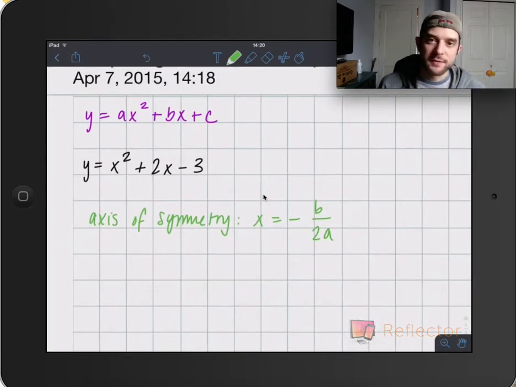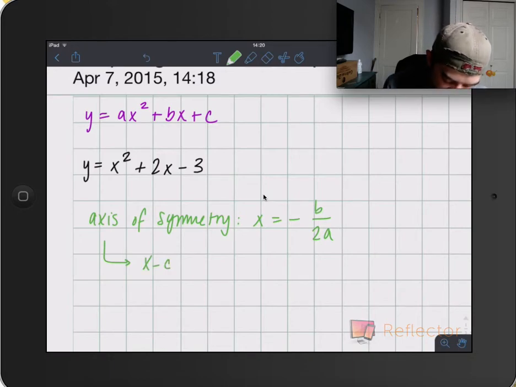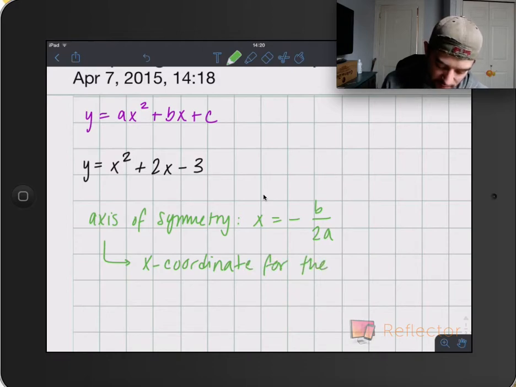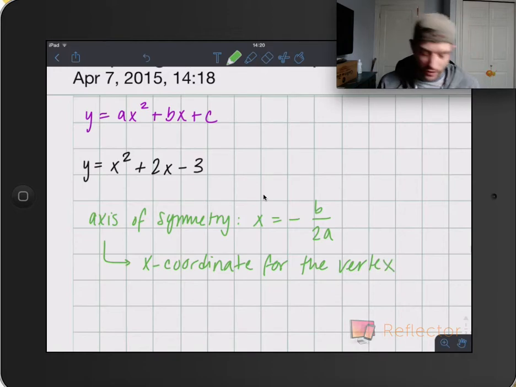Now the axis of symmetry serves two purposes. The purpose we're most interested in when graphing is the fact that the axis of symmetry is the x-coordinate for the vertex. The vertex being the lowest or highest point of the parabola, depending on how it's oriented.